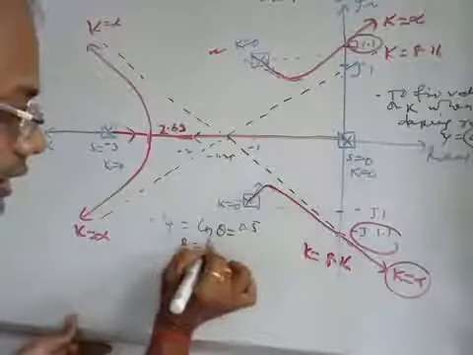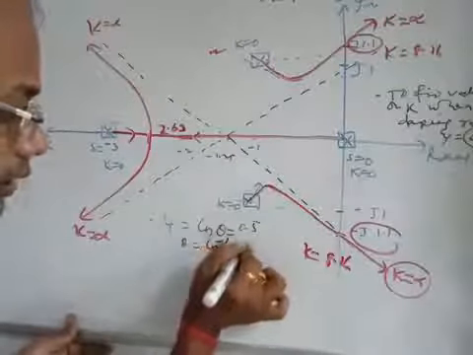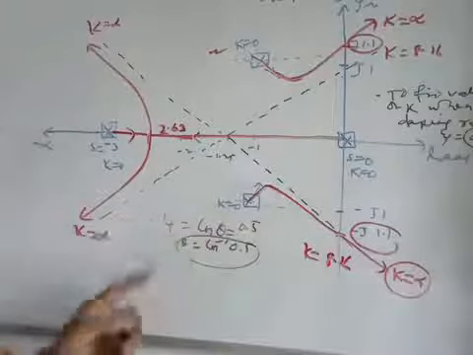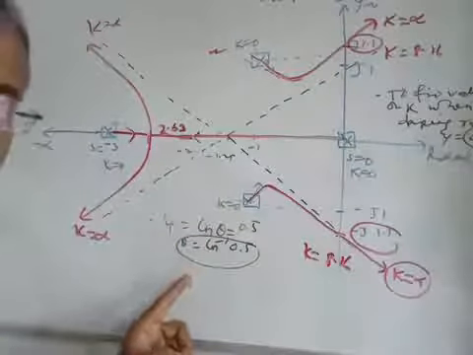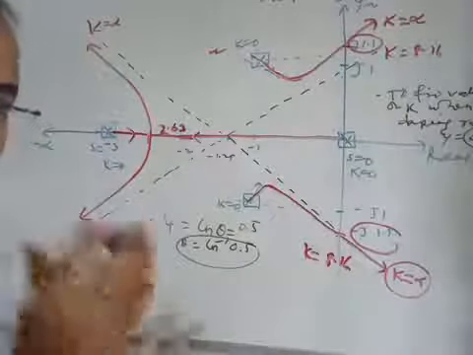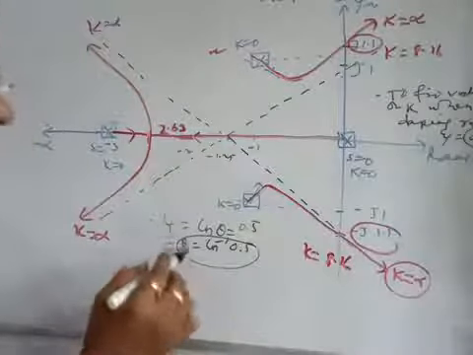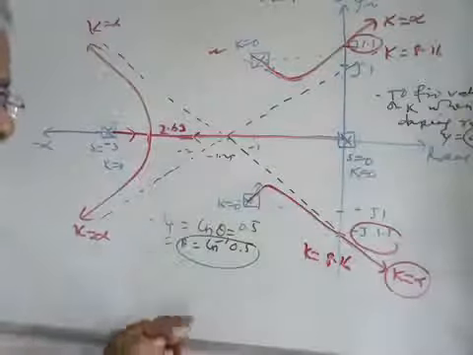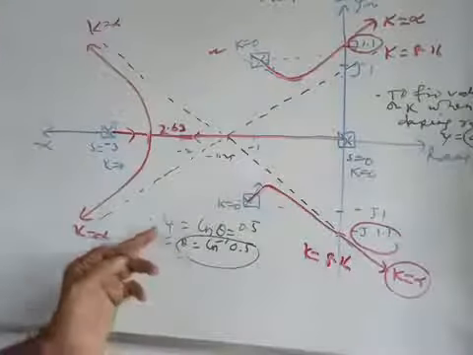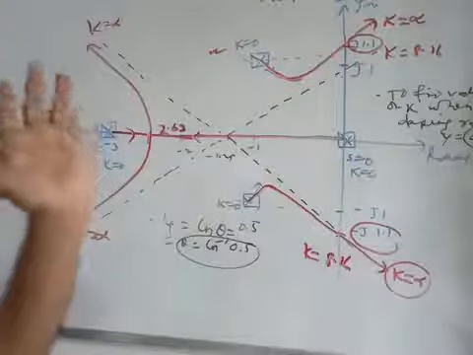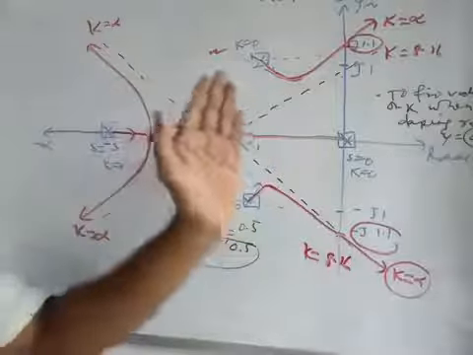That means theta is equal to cos inverse 0.5, and this angle we actually have to measure. During the discussion of the time response and root locus fundamentals, we discussed the role of this theta, which is to be made with the origin.